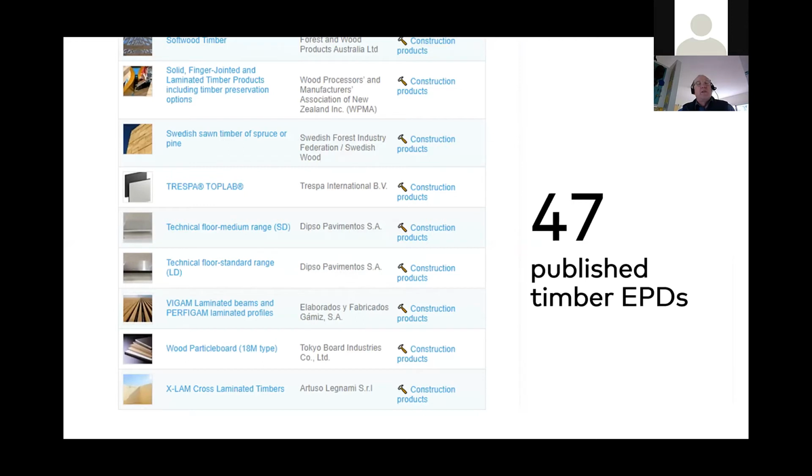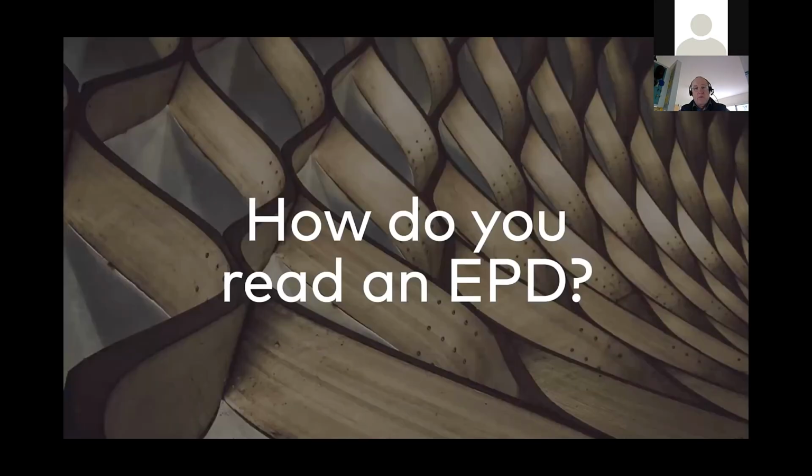The Swedish Wood Association has got an EPD for sawn softwood that we import. XLAM, you see there in Italy, have got an EPD there for Stora Enso. We've got an EPD for their CLT products there. So all widely available, publicly available through the International EPD website.